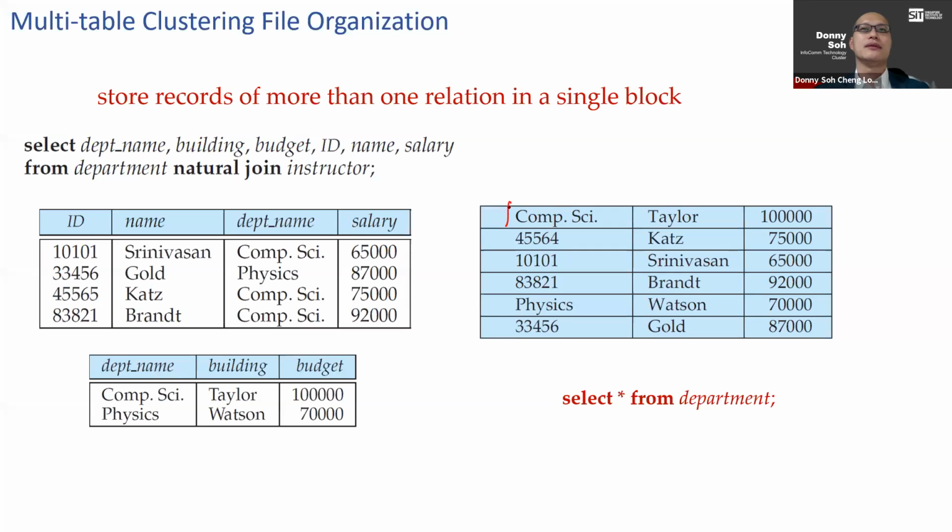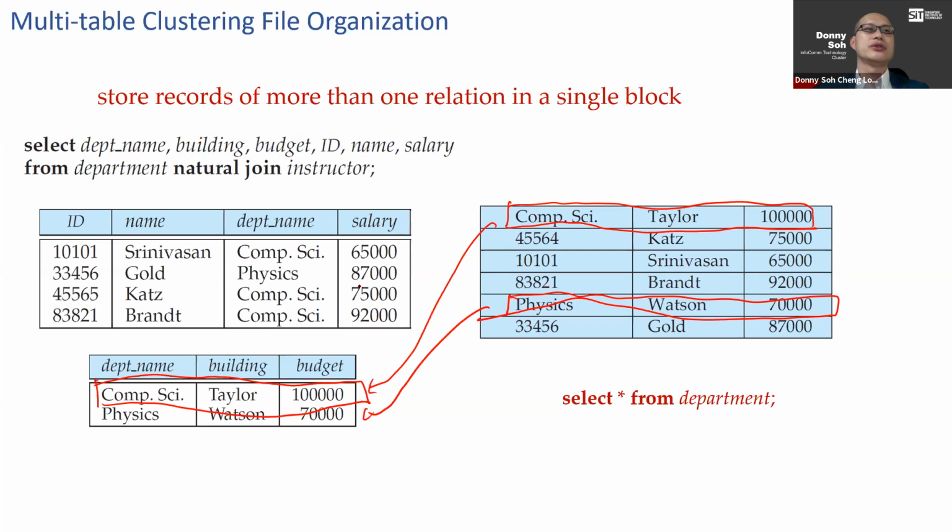This one is taken from this, and this is taken from this. But how about this? 101 Srinivasan is actually taken from here. And Katz is taken from here. And Brandt is taken from here.